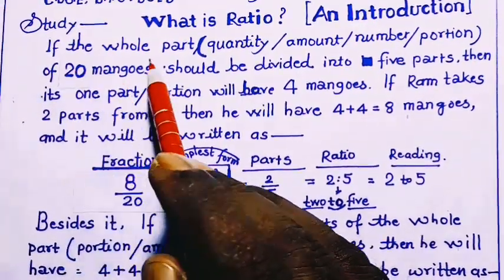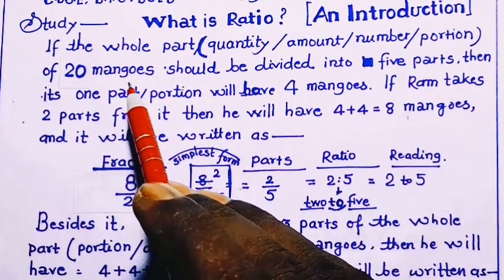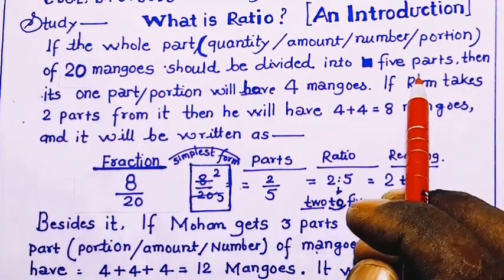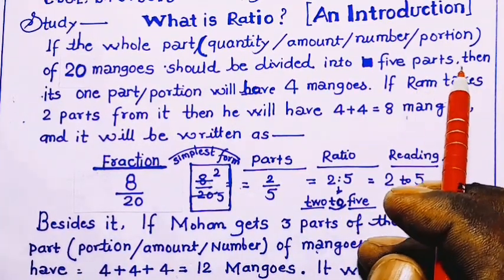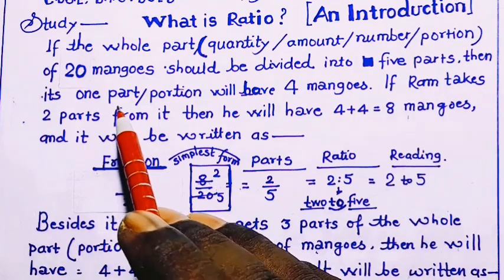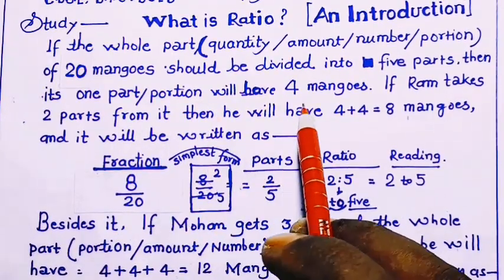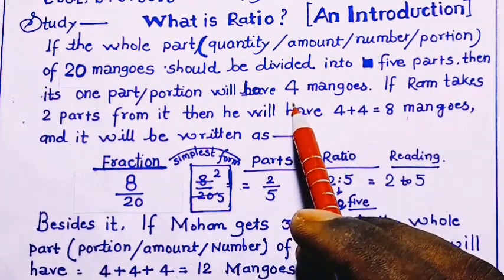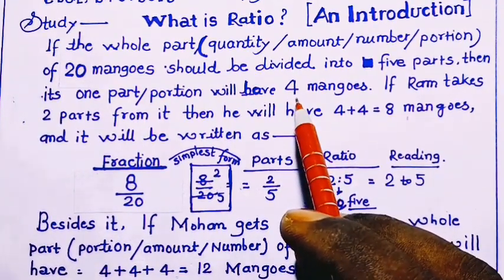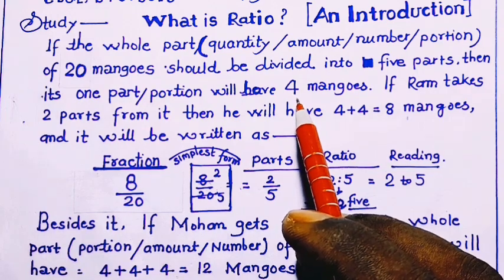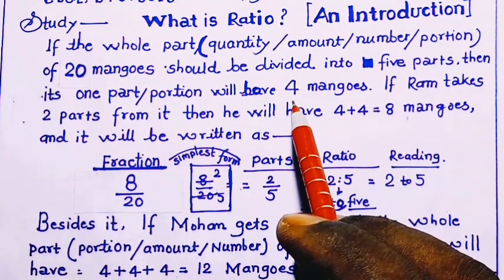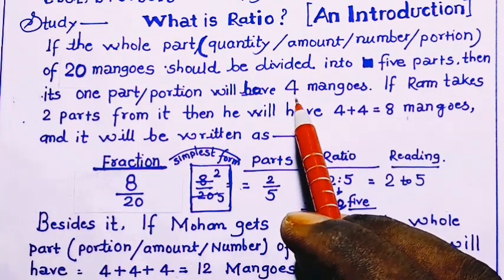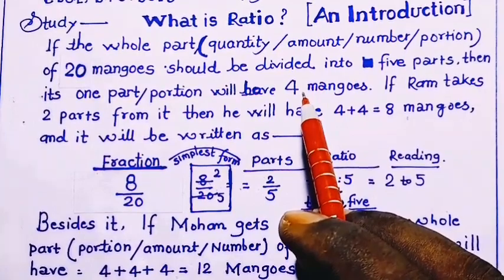If the whole part of 20 mangoes should be divided into 5 parts, then one portion will have 4 mangoes. It means that there are 20 mangoes in a basket and all the mangoes should be divided into 5 parts.